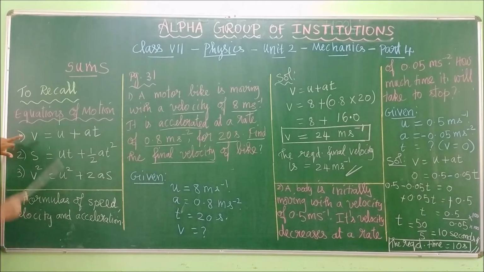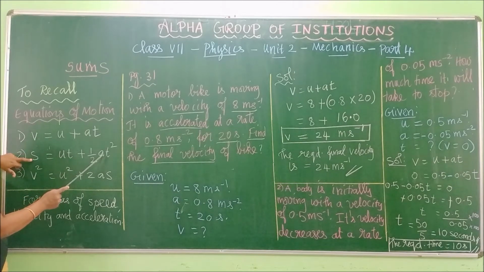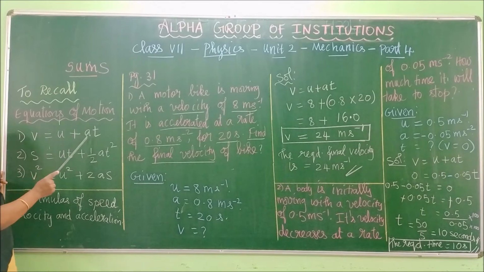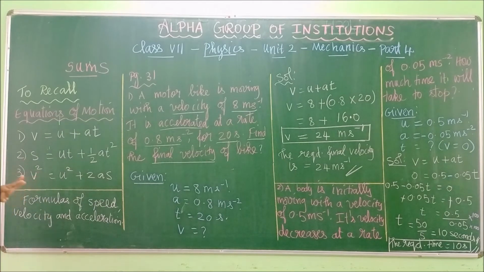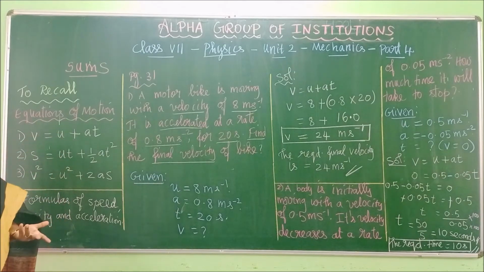Here, 1, 2, 3, 4 variables: final velocity, initial velocity, acceleration and time. If 3 are known to you, either v, u, a or u, a, t, the other left one can be determined. So that is how you have to select.